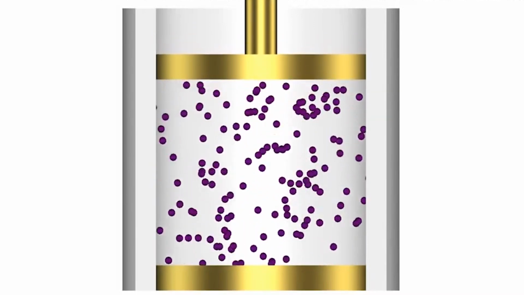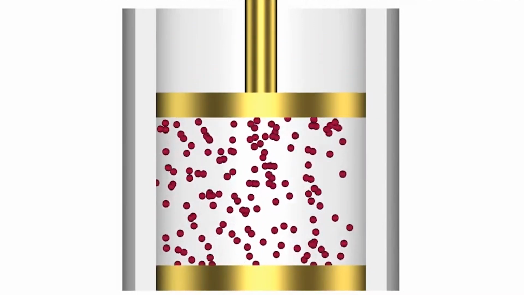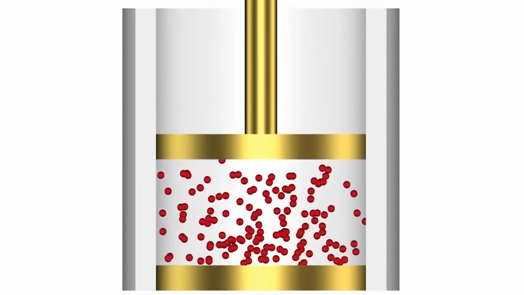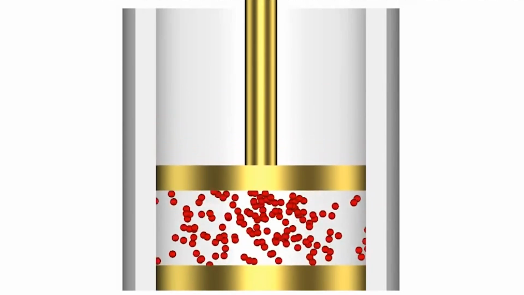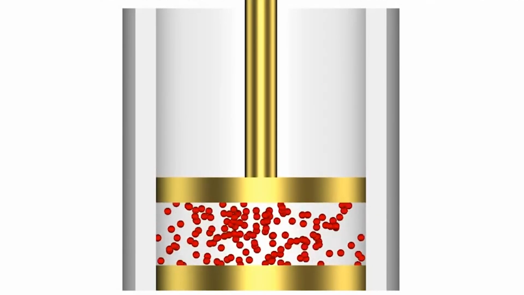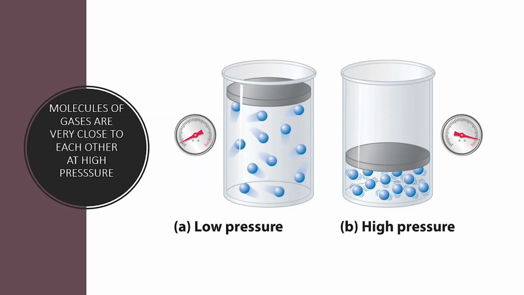So we have to think what happens to the behavior of the gases at high pressure. I will explain. Please listen. At high pressure, what happens to the molecules? Let us observe the movement of gas molecules on applying the pressure. The molecules of gases are very close to each other when we apply the pressure.